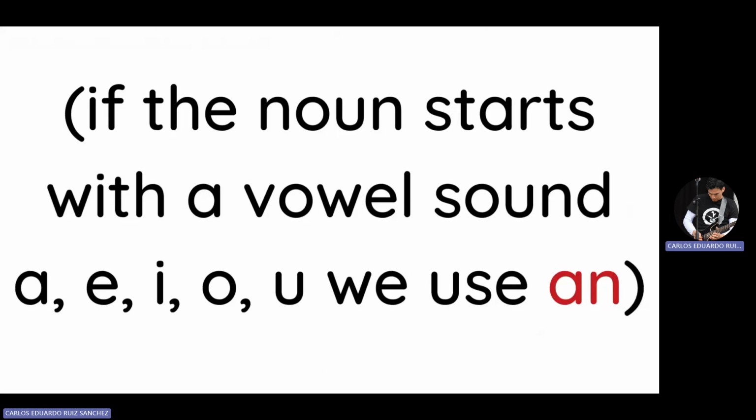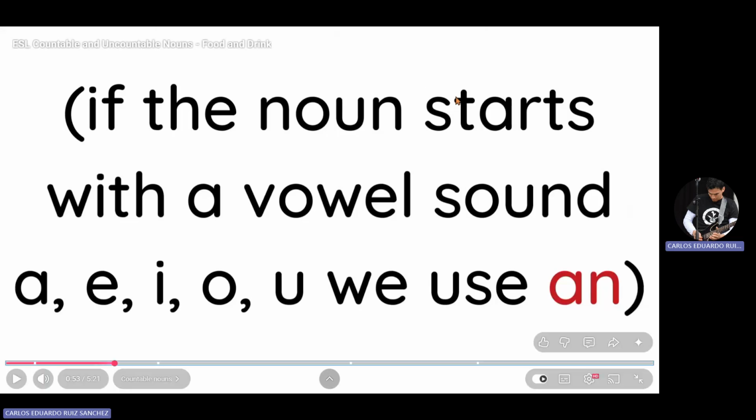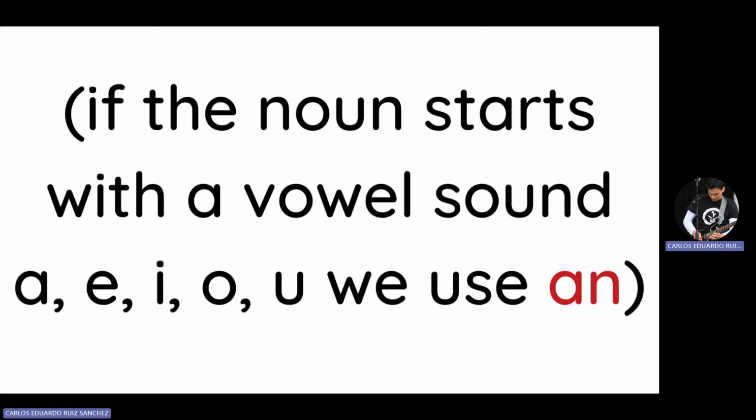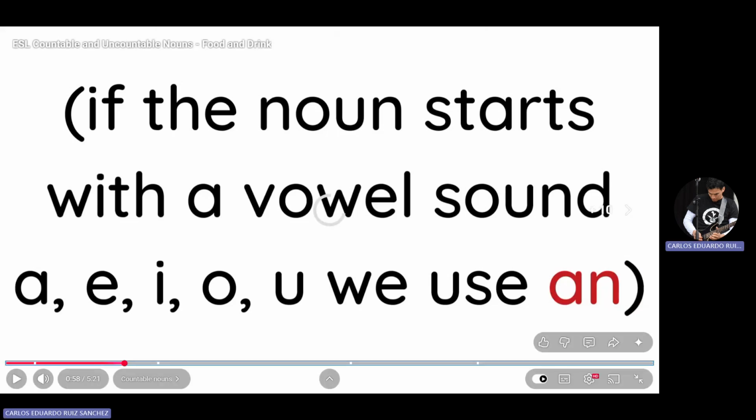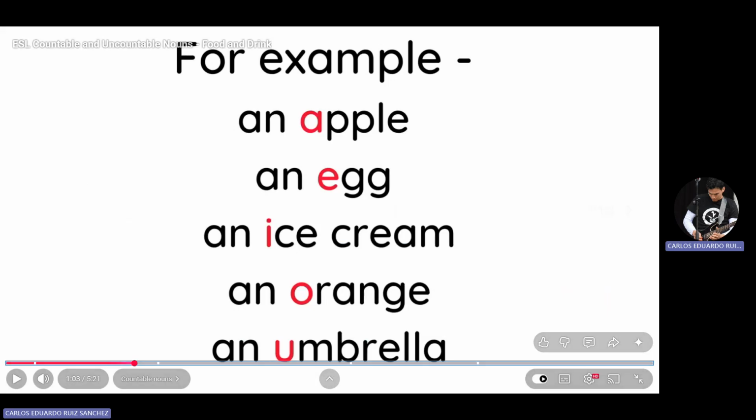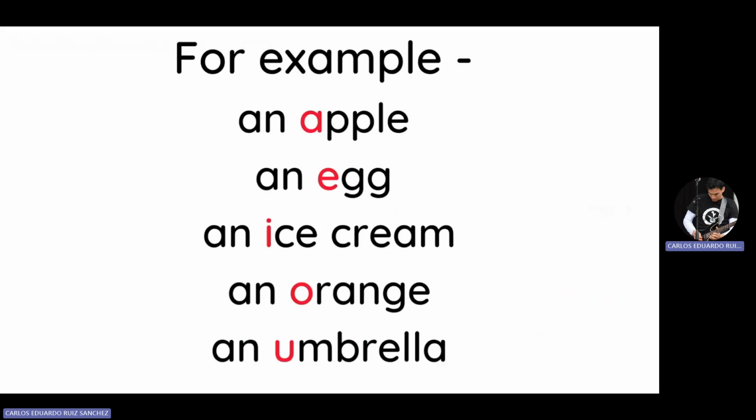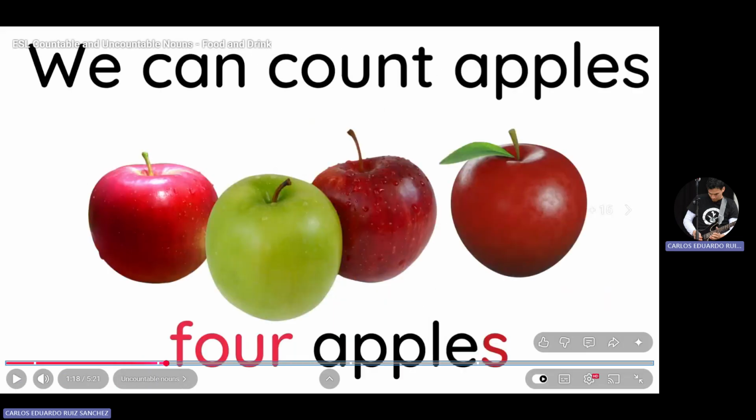Cuando utilizamos sustantivos que empiezan con una vocal, I'm talking about English nouns, estoy hablando de sustantivos en inglés, utilizamos el artículo an. Si el siguiente sustantivo empieza con vocal, utilizamos an. On the other hand, if the next noun starts with a consonant, we use a, okay? Be careful with that. That's another concept, like the examples you watched in the video.